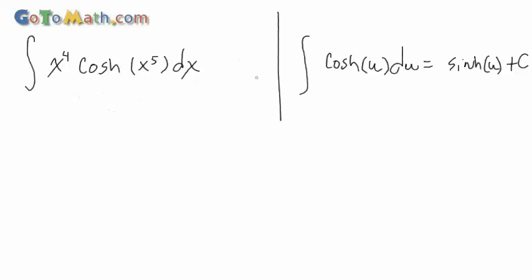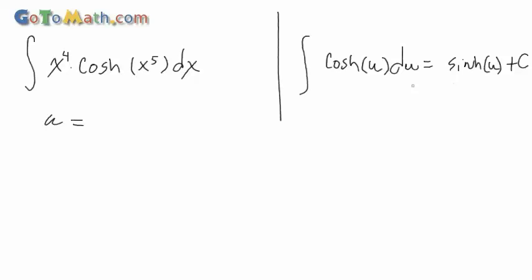All right. Okay, well, here's the story, and that is that we have this x to the fourth out here. So you should look at this and go, hey, if I took the derivative of this, we'd get 5x to the fourth, and there's our x to the fourth, right? So we're going to have to use u substitution.